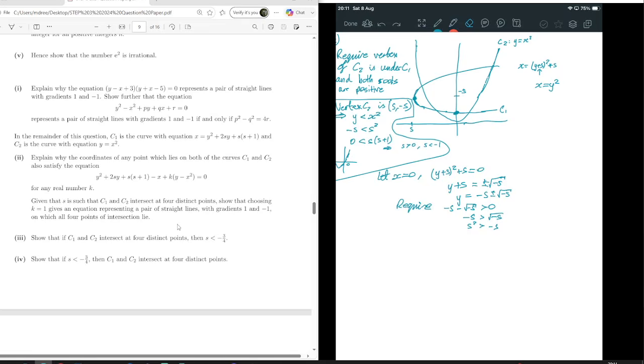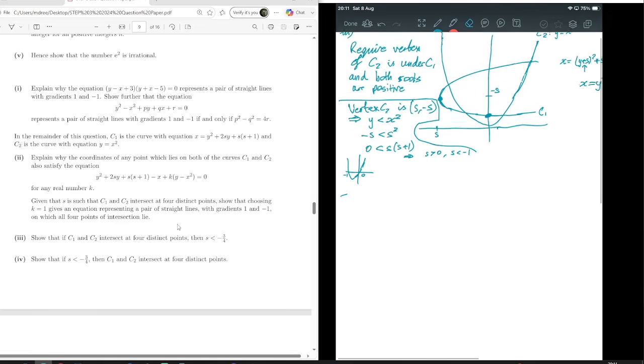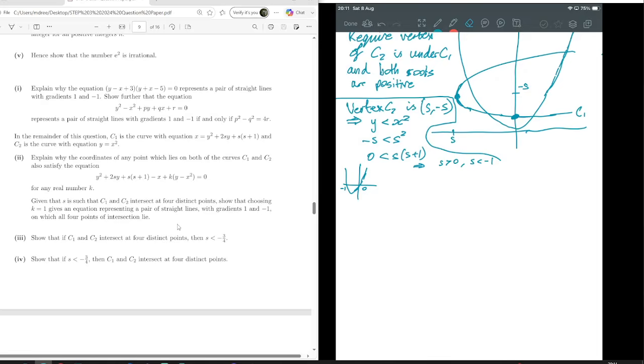So we haven't actually gained any extra information here. And this is really awkward now. So we have this condition, we can reject s greater than 0, because then there are no roots to C1 and C2. So there's no intersection between those two if s is greater than 0.